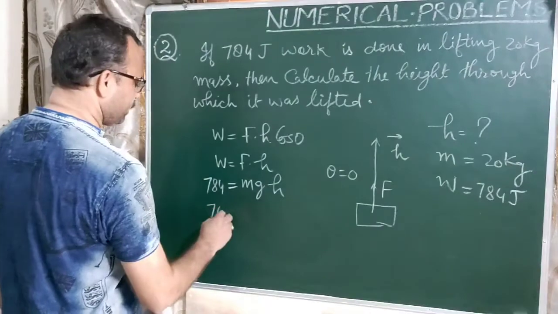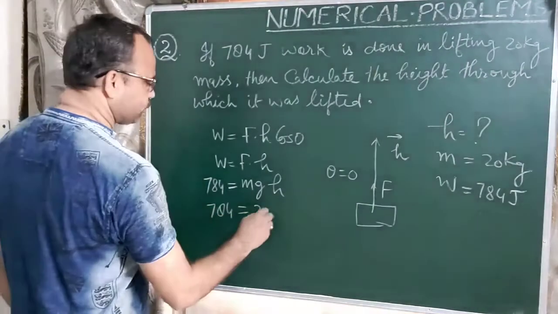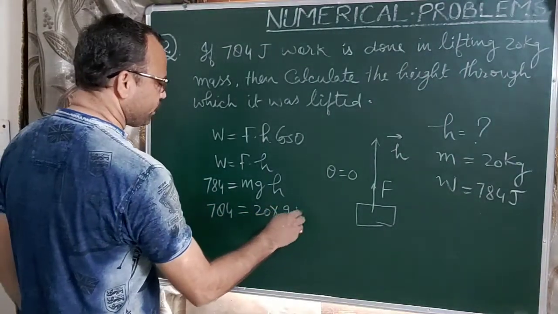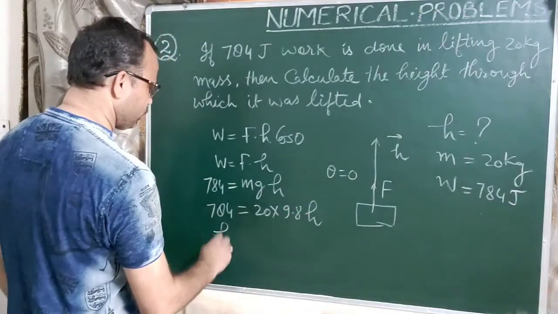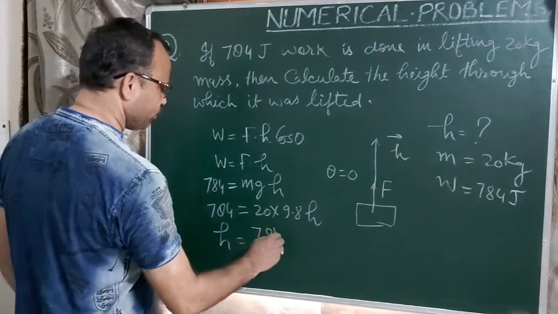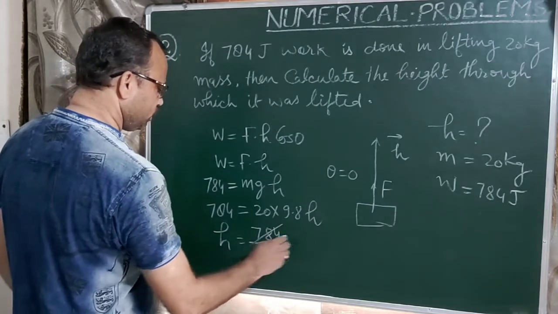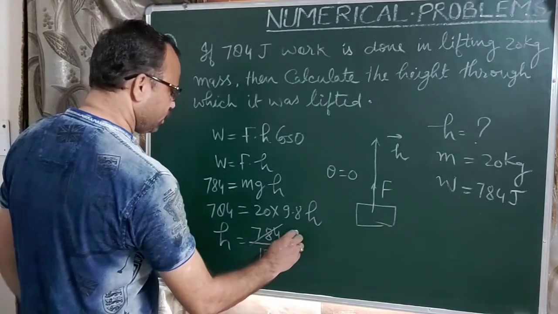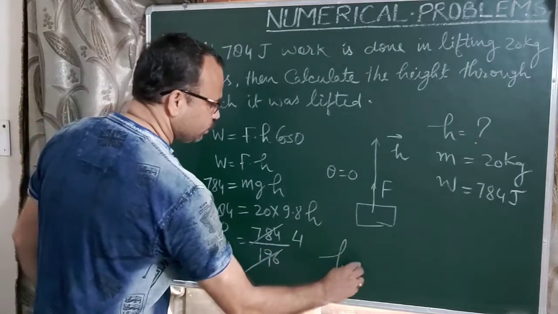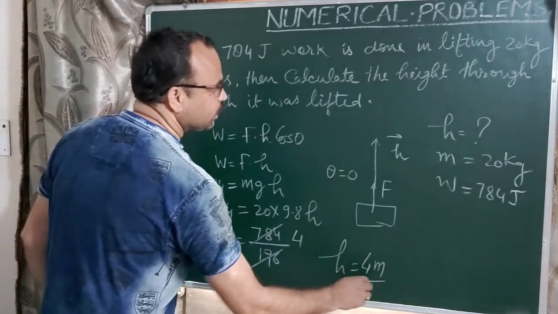So 784 equals mass m, 20, into the value of g, 9.8, into h. So h equals 784 upon 196. So h equals 4 meter.